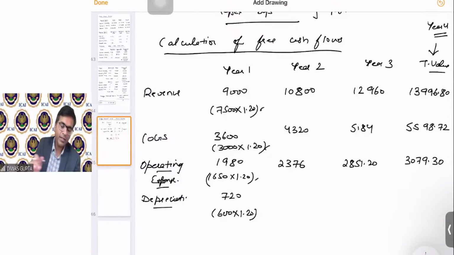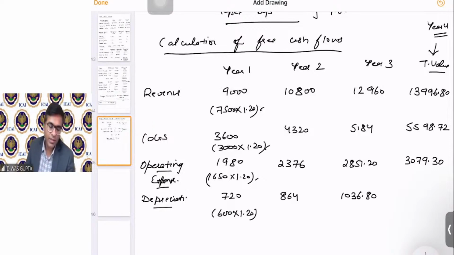On that 20% comes out to be 720. Further 720 plus another 20% is 864 students. Plus another 20% for explicit year 3 is 1,036.80. Then finally plus 8%, which is 1,119.74.